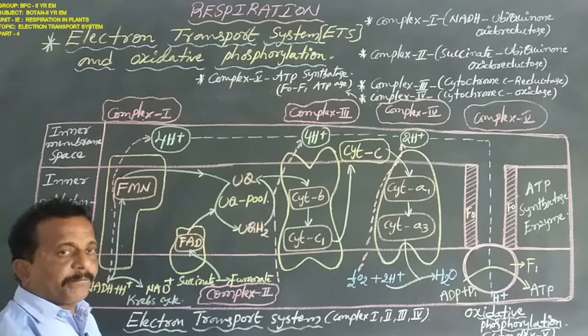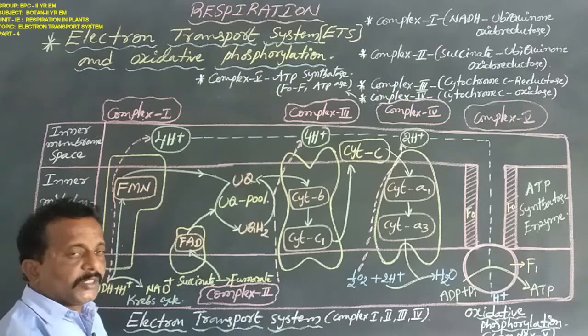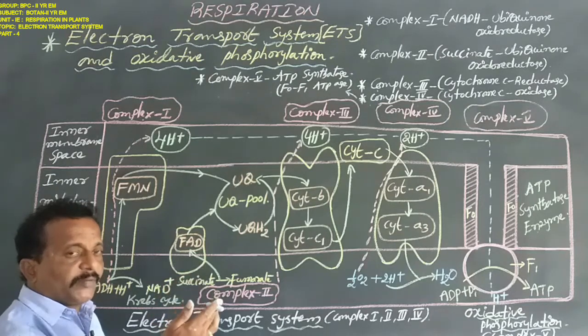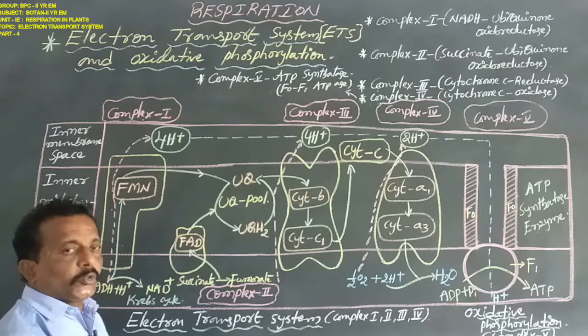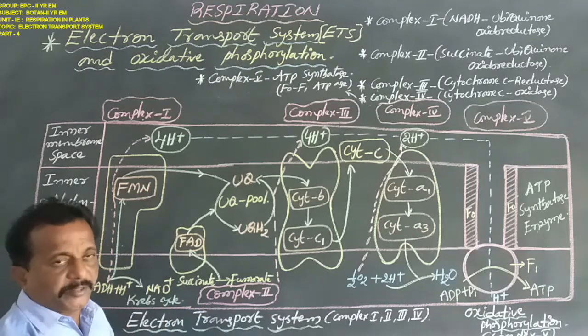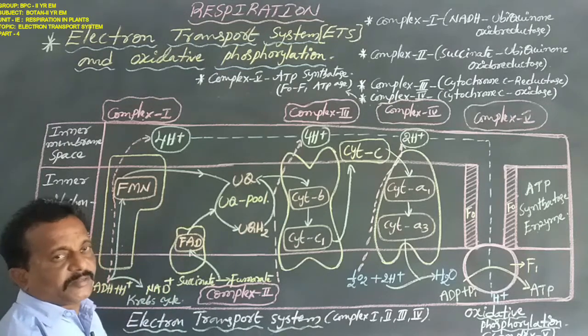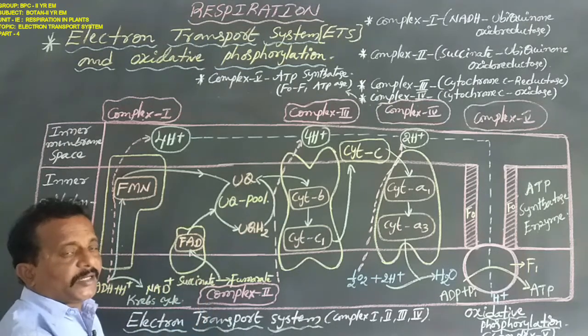At the same time, in pyruvate oxidative decarboxylation, reduced NADH2 is formed between pyruvic acid and acetyl coenzyme A. That is the previous step in glycolysis, and the third step.